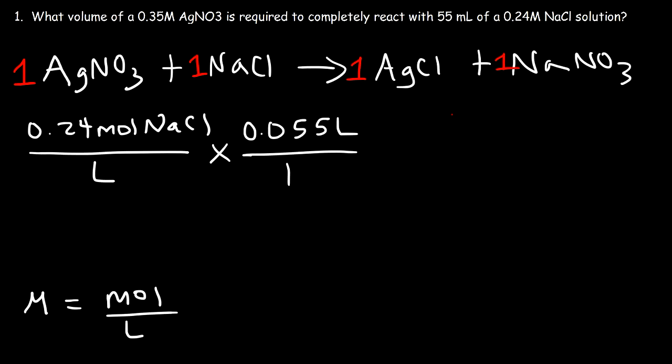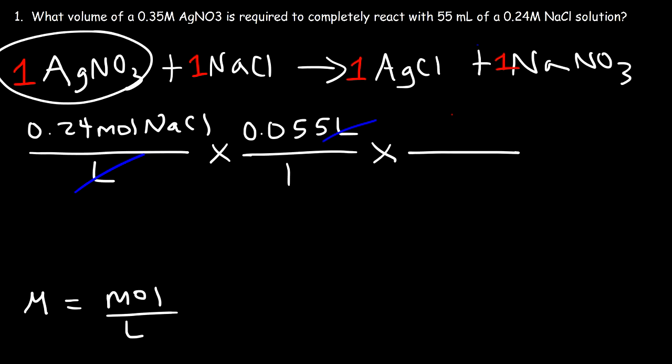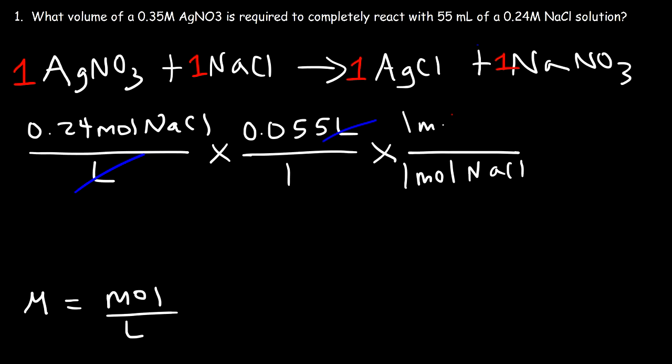And now we can cancel the unit liters. The next thing we need to do is change the substance from NaCl to silver nitrate, and we can use the molar ratio to accomplish that. So 1 mole of NaCl will react with 1 mole of AgNO3. Now the next thing we need to do is convert moles to liters.